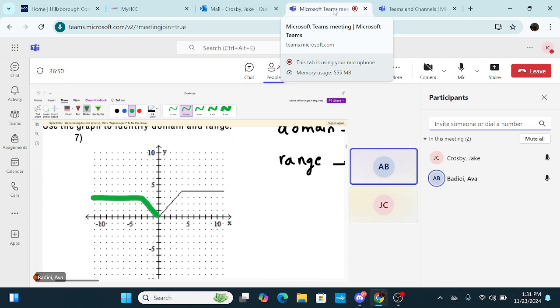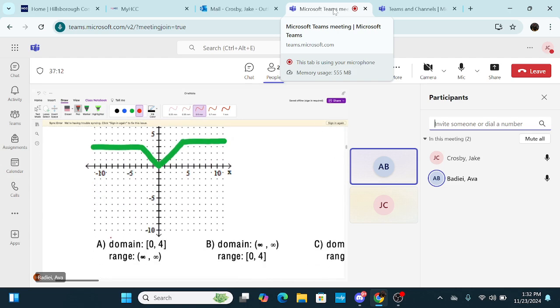Green is going to be your graph here. Now, when it comes to the x values, let's take a look at the left side. Starting from 0 all the way to the left, we see that it keeps having all these values. There are no gaps, nothing. So it includes all the numbers here.